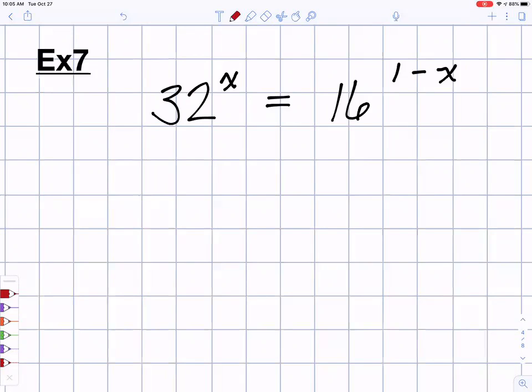What would be that 2 to the 5th? So 2 to the 4th gives you 16. And then 2 to the 6th gives you 32. No, it'd be 2 to the 5th. Yeah, 2 to the 5th.